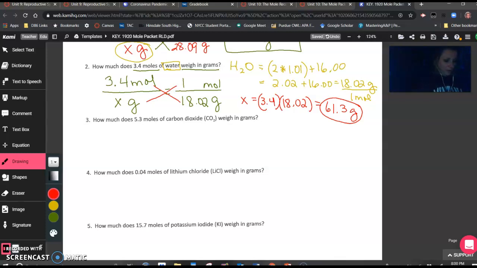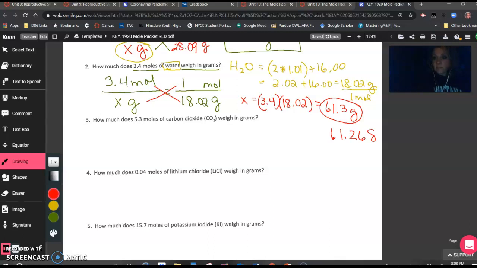Now, when you multiply 3.4 times 18.02 in your calculator, you should actually get 61.268. But you'll notice that I rounded my number to the nearest tenth. The reason for that is in my problem, the number that I have only goes to the tenths place.